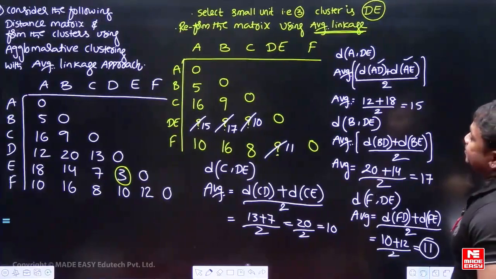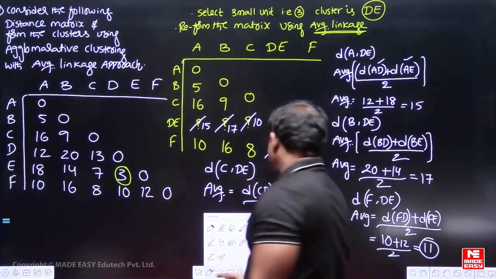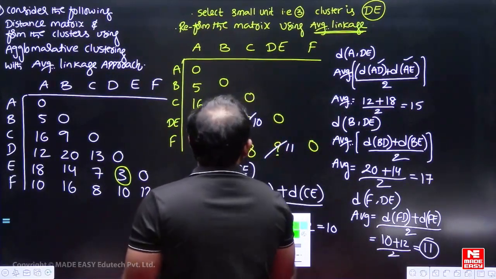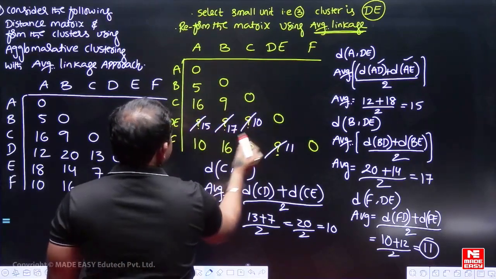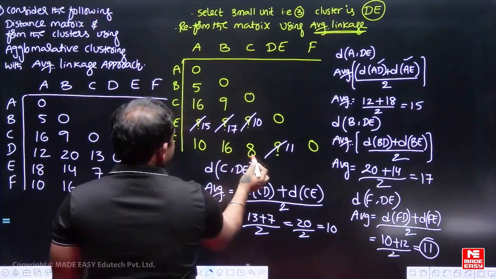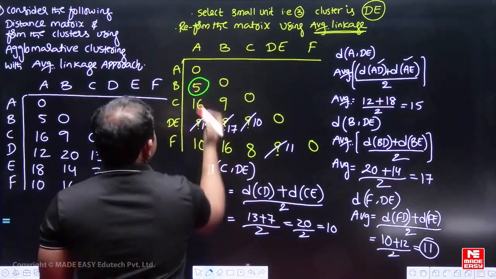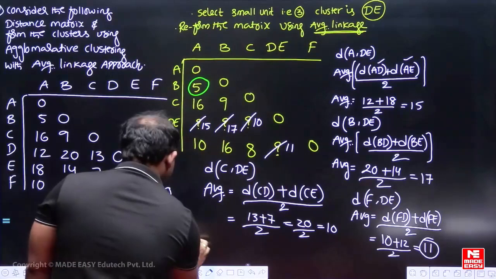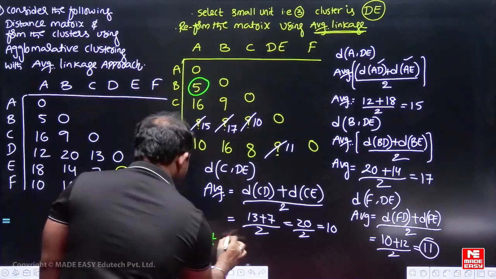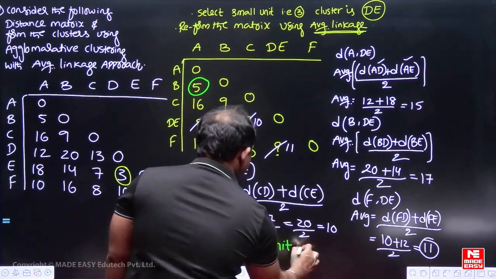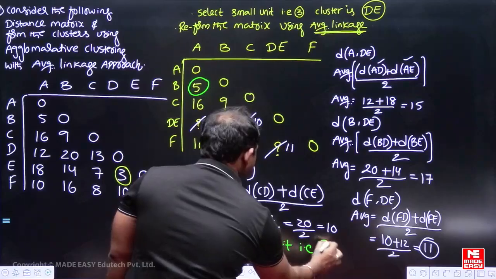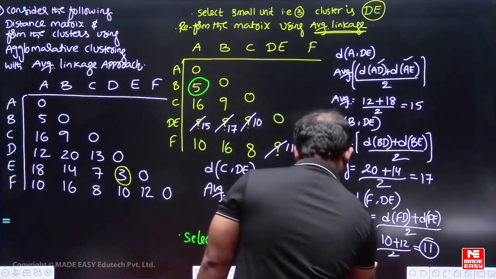So now, what is the next step? Select the smallest value. What is the smallest element in this? 5, 16, 9, 15, 17, 10, 10, 16, 8, 11. Smallest is 5. Therefore, select the smallest unit, that is 5.